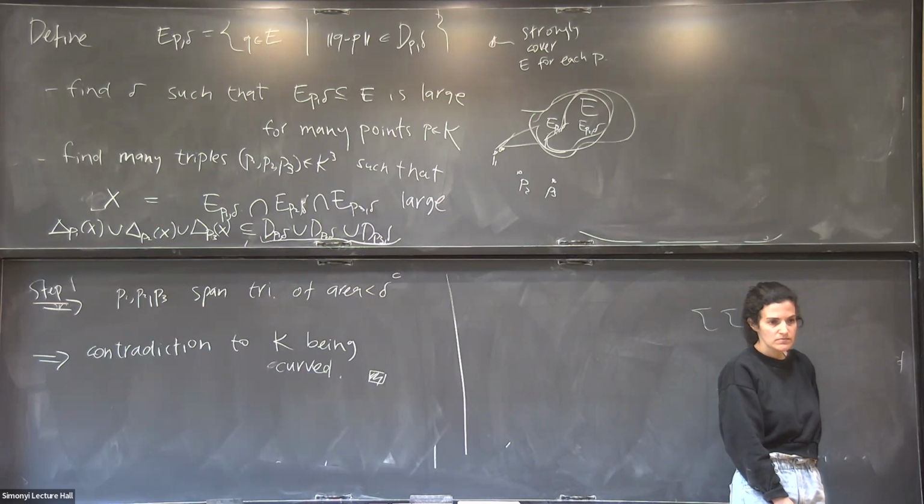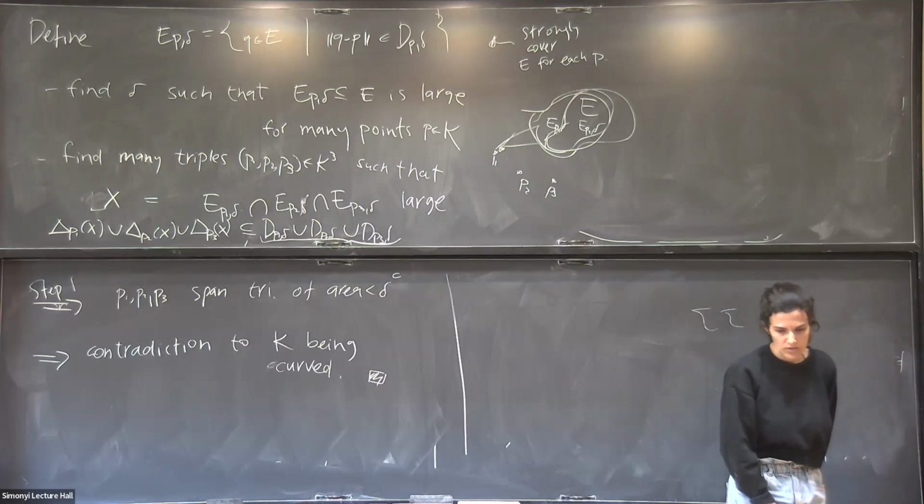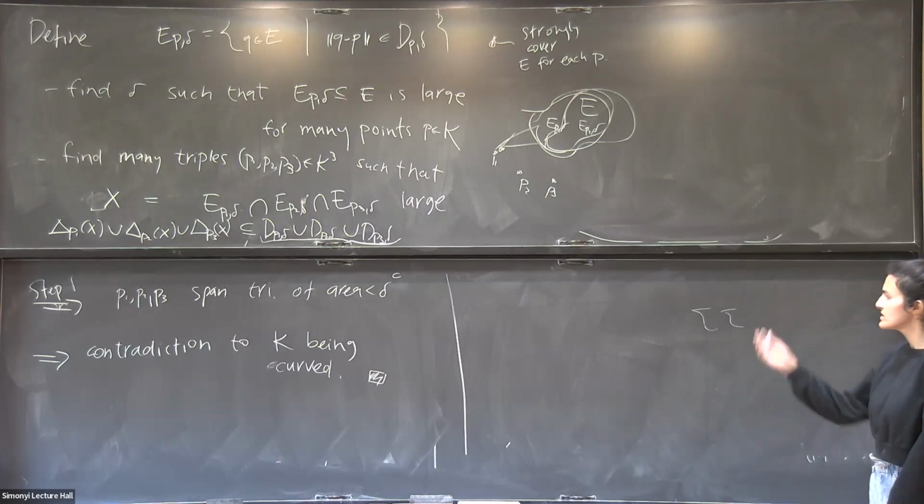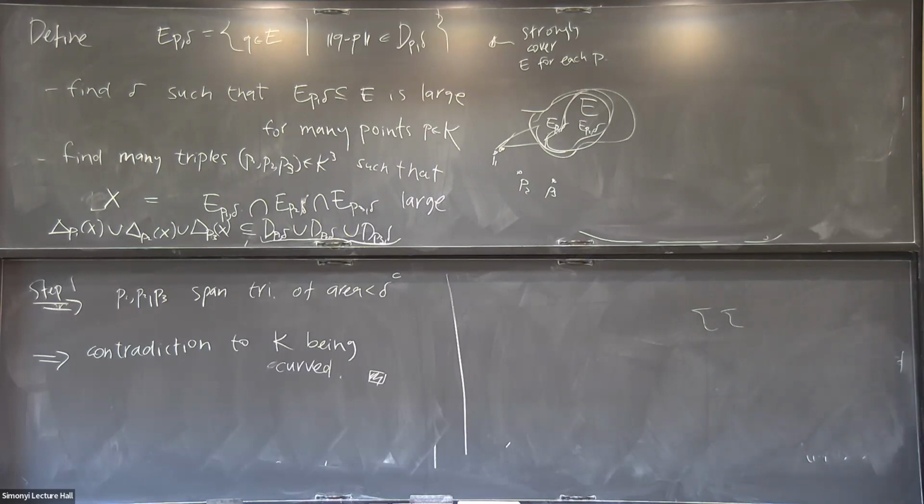Is that where you lose in the dimension, or in this type of argument? So you're saying why would you need such a condition that every point is covered infinitely many times? I'm trying to understand how that is related to this. Is this where the C comes from?